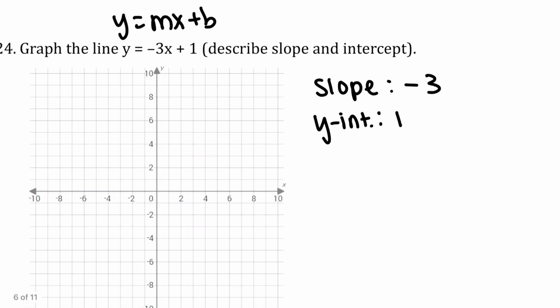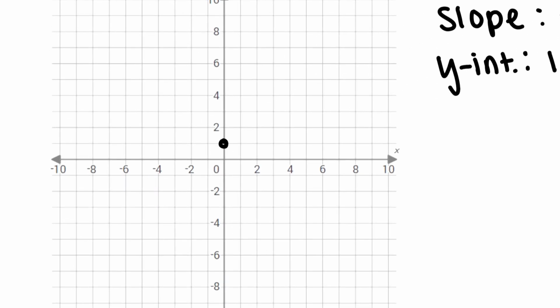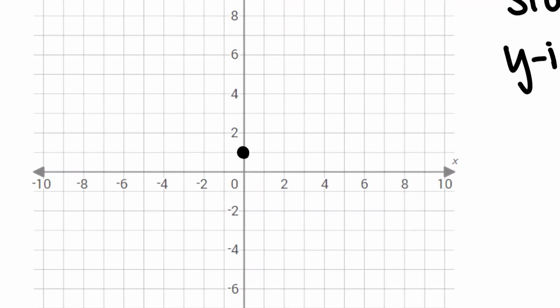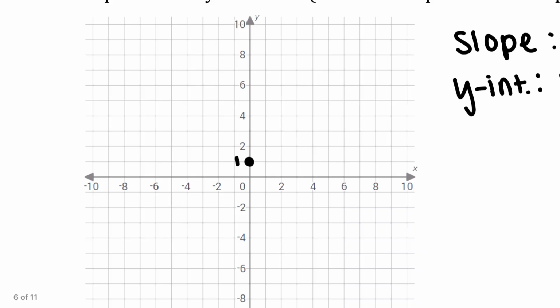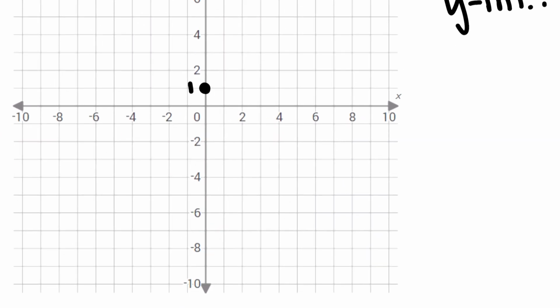So how we graph something from slope-intercept form is we always start with the y-intercept, which is 1, right? So our y-intercept is right here, because that is a 1 on the y-axis. And then our slope is negative 3. So if our slope is negative 3, that means we're going to go down.